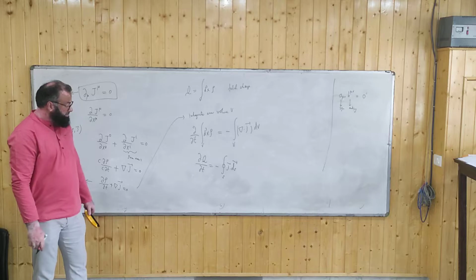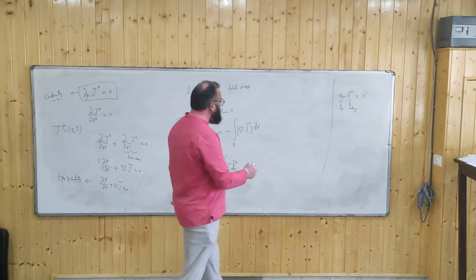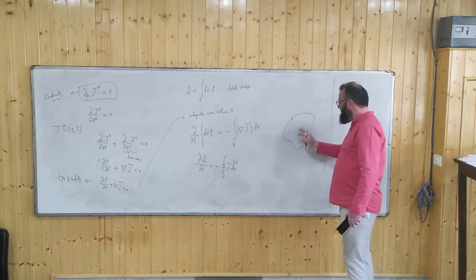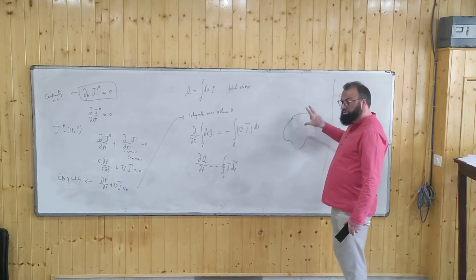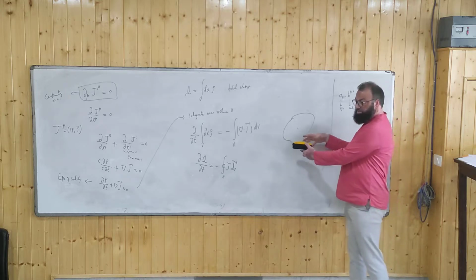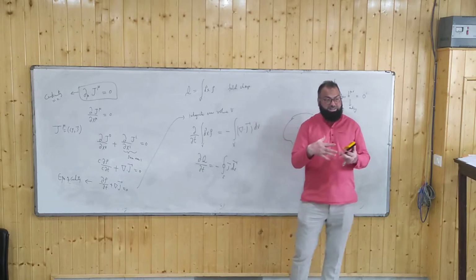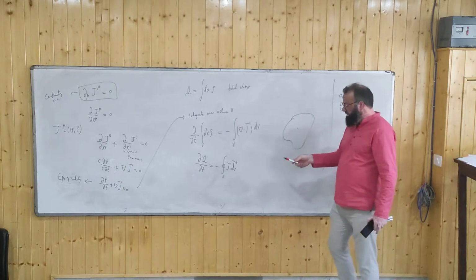So let's say the volume is finite, the region is finite. Within that region you have a charge, and there is a change in the amount of charge. This is partial Q by partial t, which means the charge in that very volume is changing. So what happens to that?